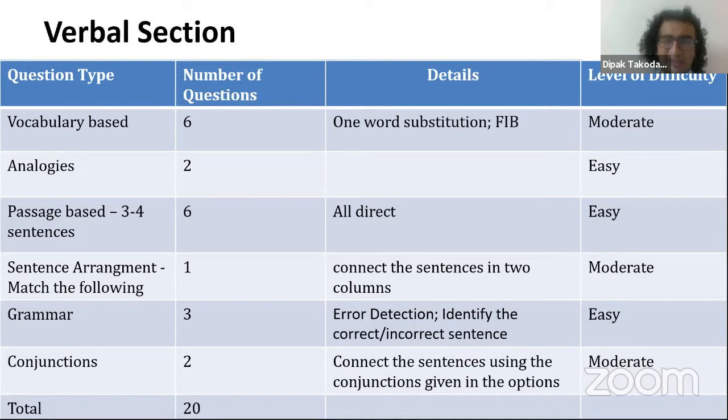This is something that would have taken time, and hence we have classified it as moderate.